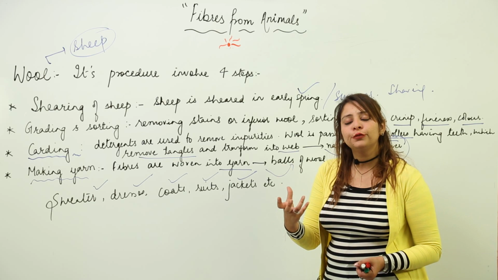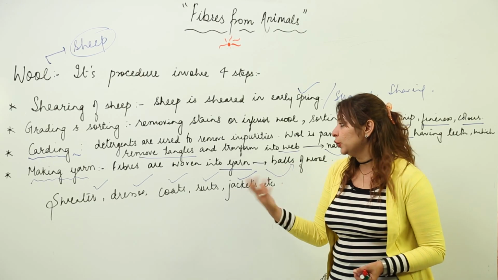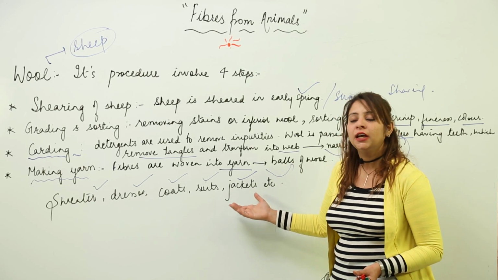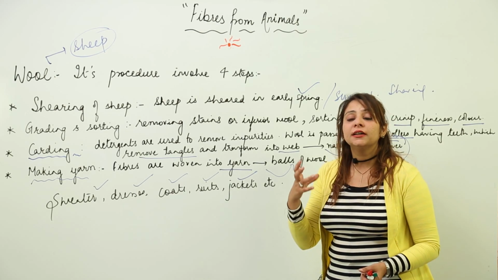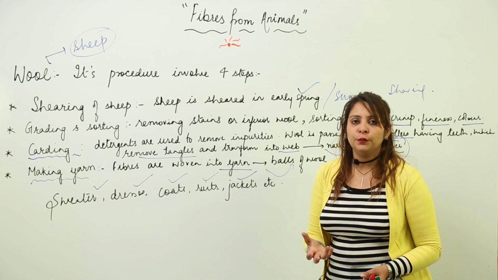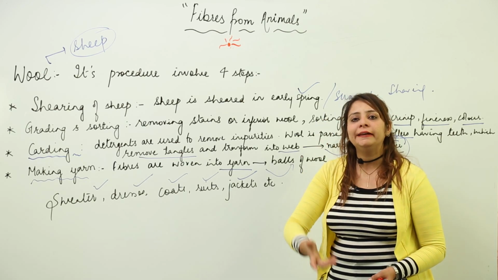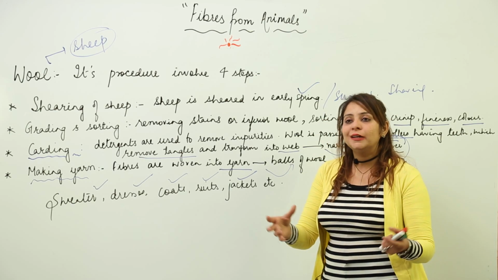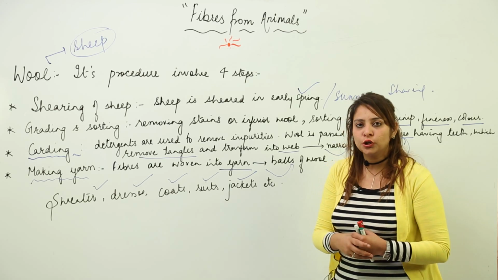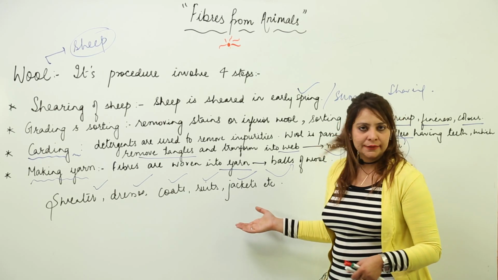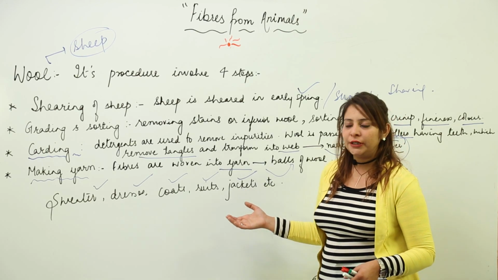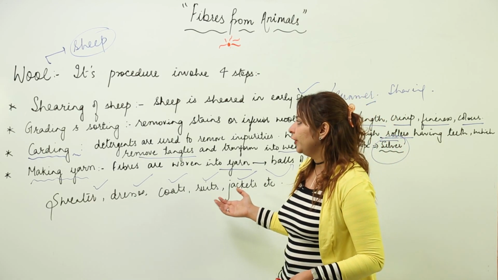The fineness of the wool depends upon the quality of the product you are purchasing from the market. Because the pure wool is always an expensive one, but in the market what you get is not pure wool, it is always blended with some other fibers, synthetic fibers also, so that it makes the garment cheap.